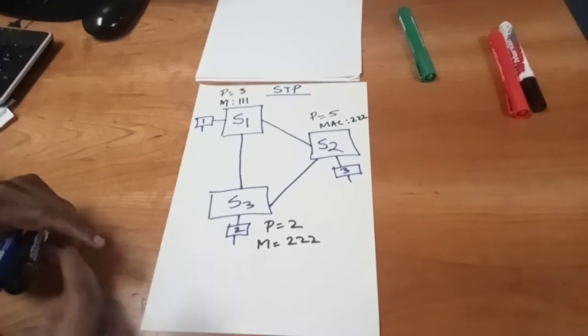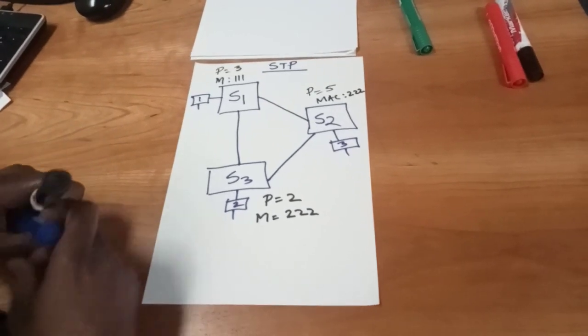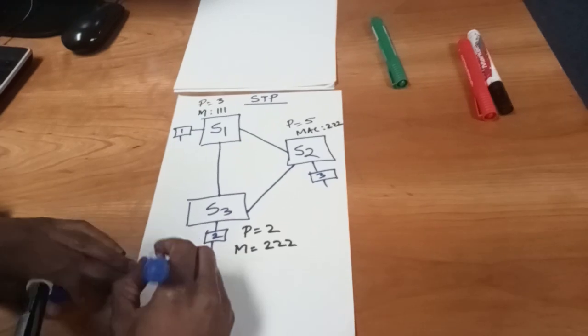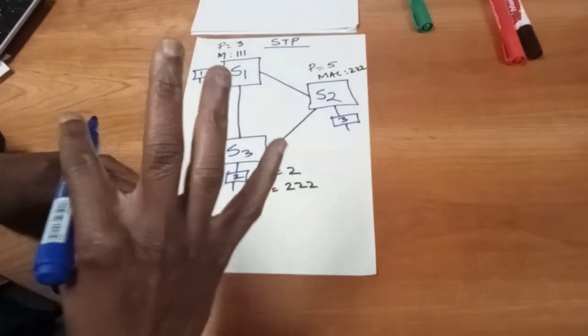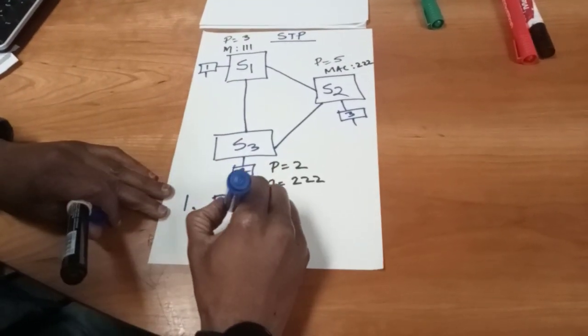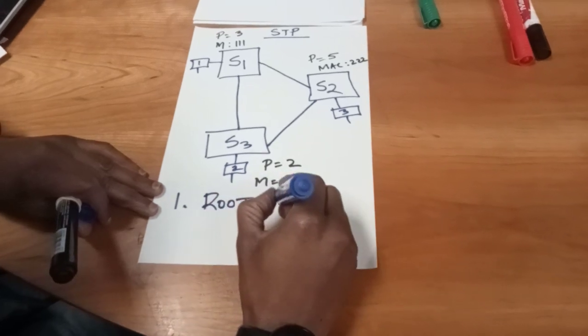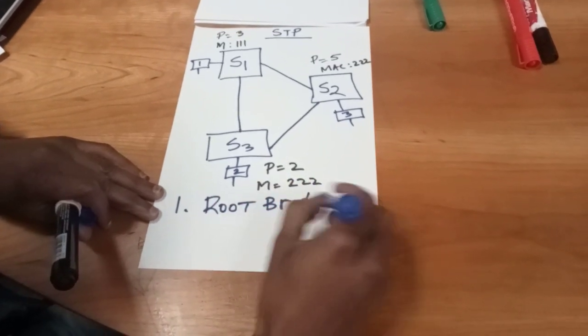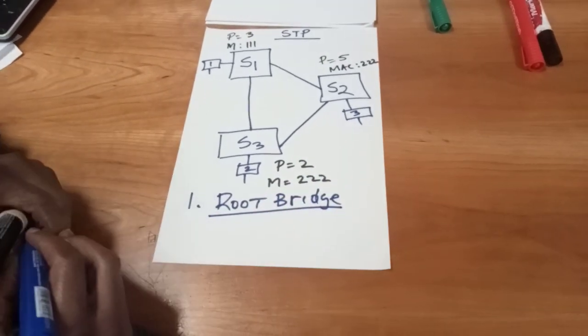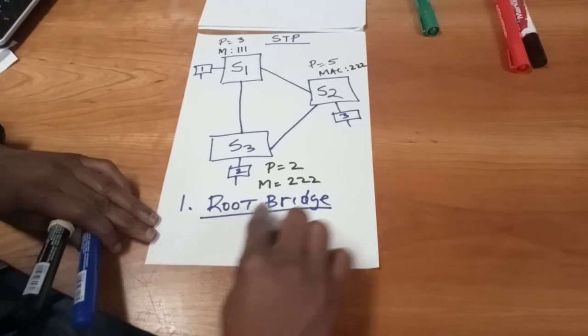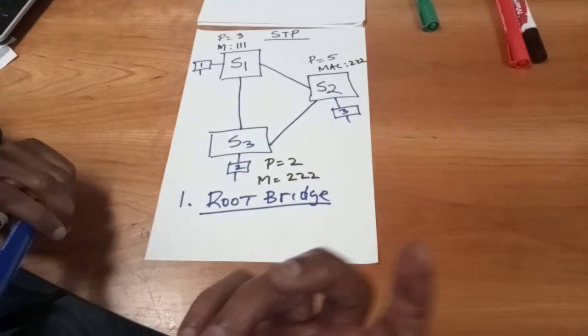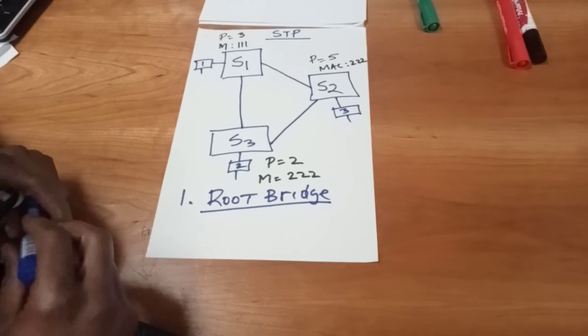So step number 1 is we have to choose what we call a root bridge, right? I told you about it. A root bridge. Step number 1, how to pick the root bridge? We have to look at the priority, right?